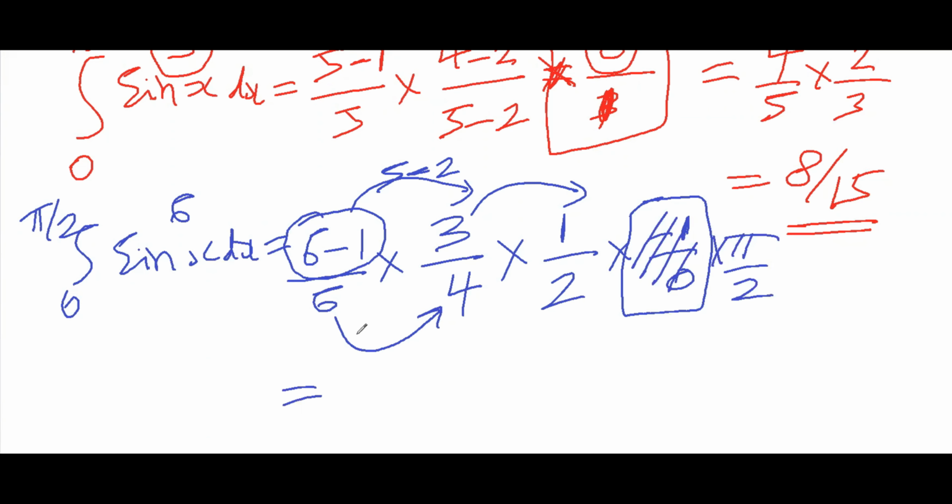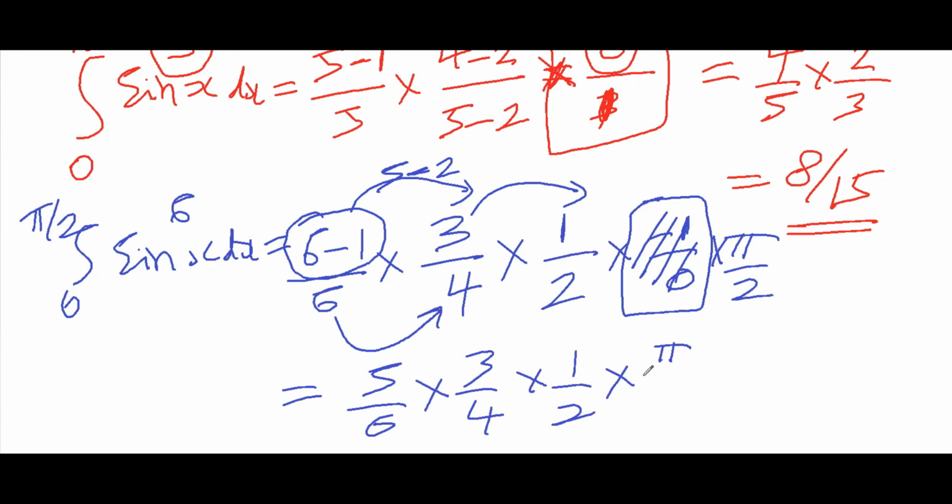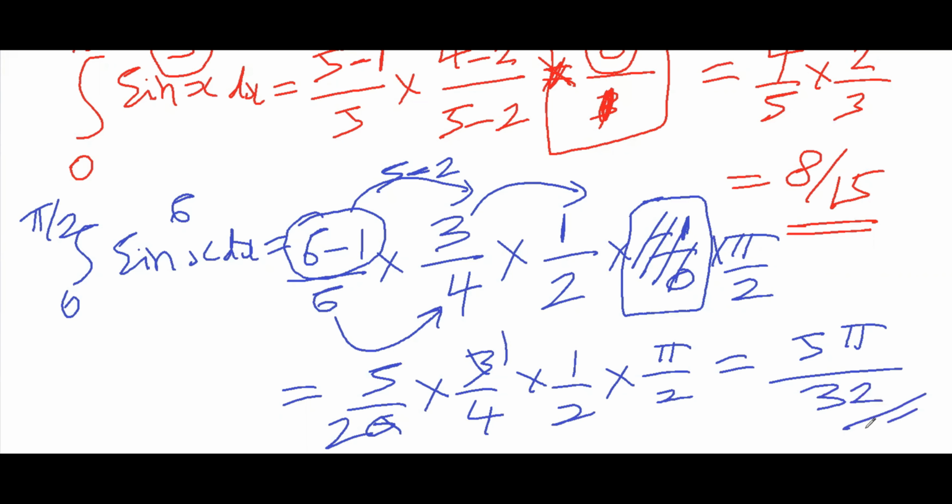So what will be your answer? 6 minus 1 is 5. 5 by 6 into 3 by 4 into 1 by 2 into pi by 2. So 3 ones are 3, 3 twos are 6. So your answer will be 5 pi divided by 32. This is your final answer.